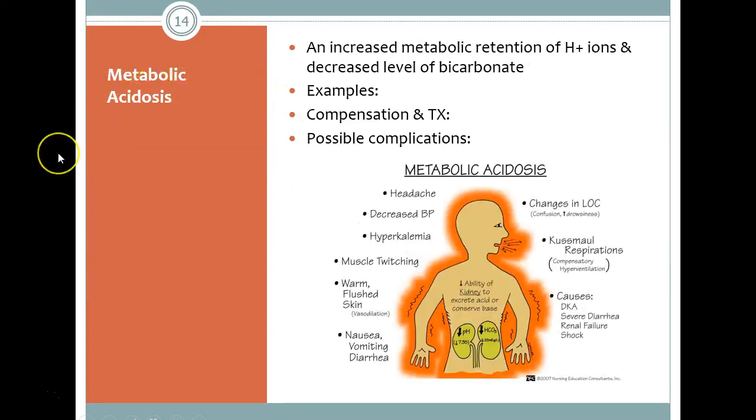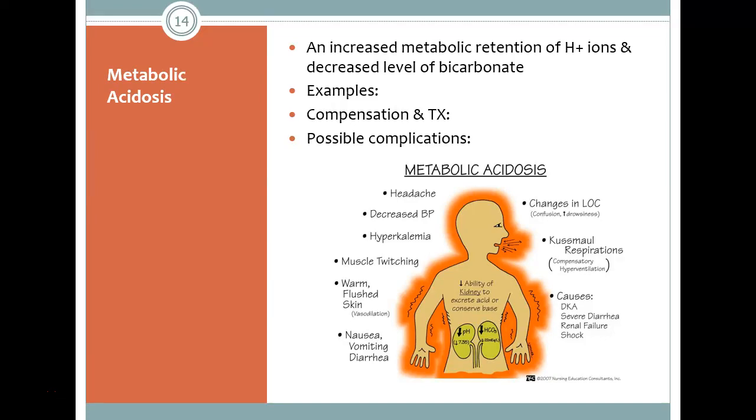The next one we're going to look at is metabolic acidosis, and this is where a patient has an increase in the amount of hydrogen ions being retained in the body, and therefore there's a decrease in the amount of bicarbonate in the body. Many times we see this when our patient has severe diarrhea for days. Other times would be renal failure, diabetic ketoacidosis, and or shock.